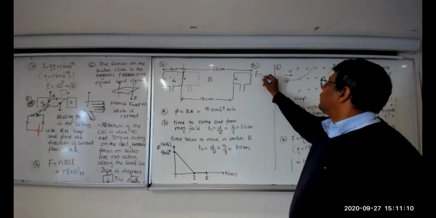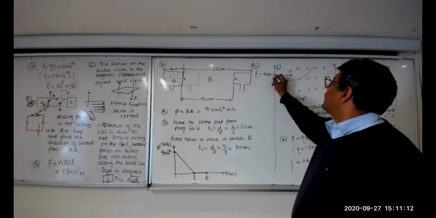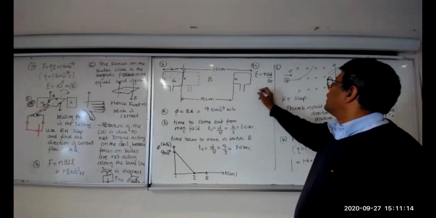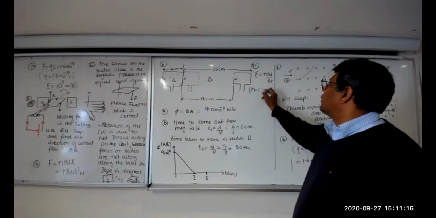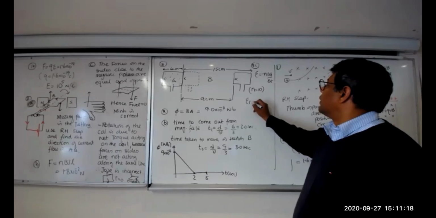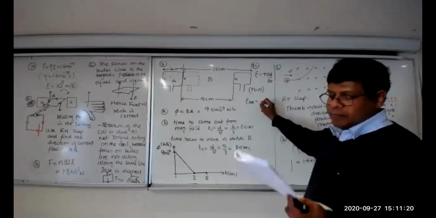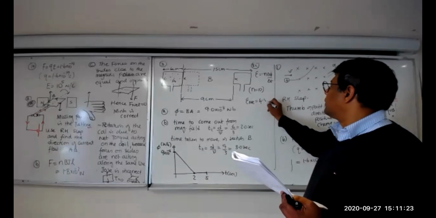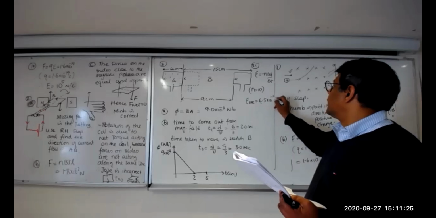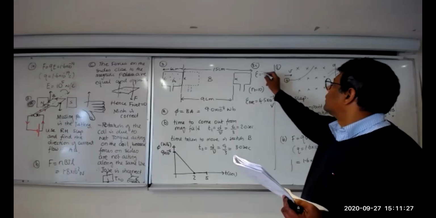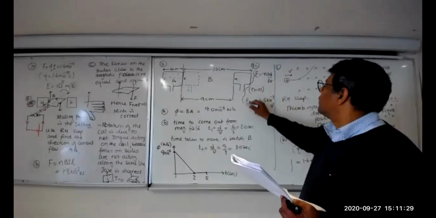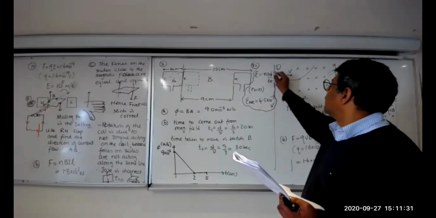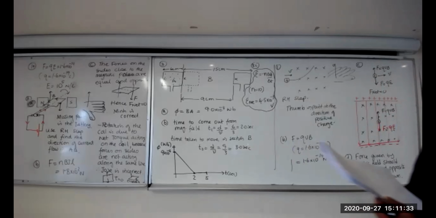3C here. EMF. I think it says somewhere in the question, n equals 10. Average EMF is 4.5 times 10 to the power negative 3 volts. That's 3C.